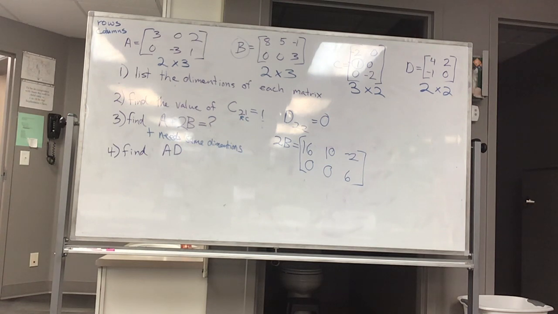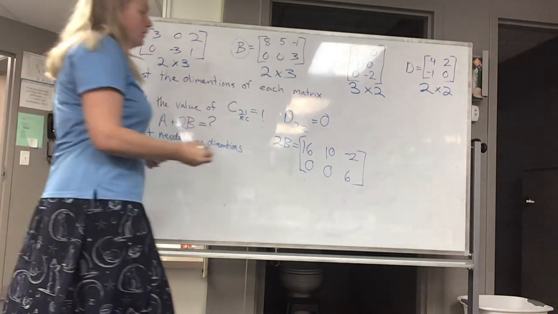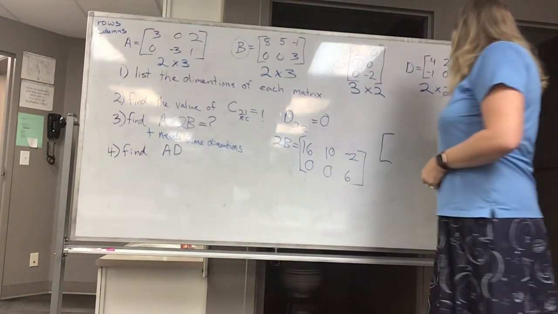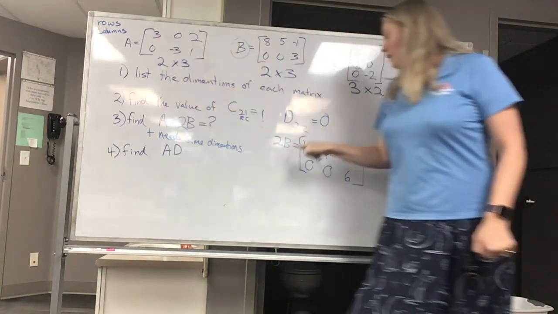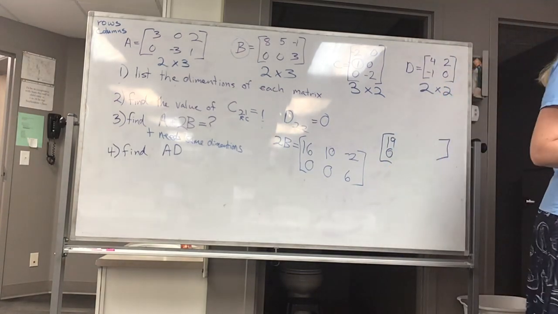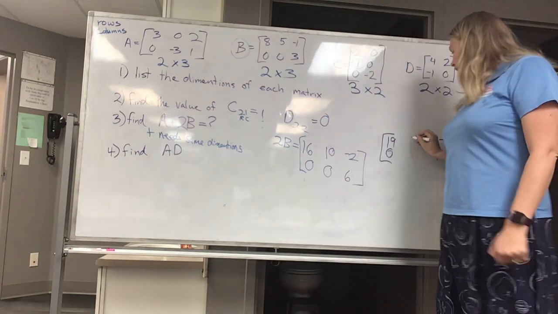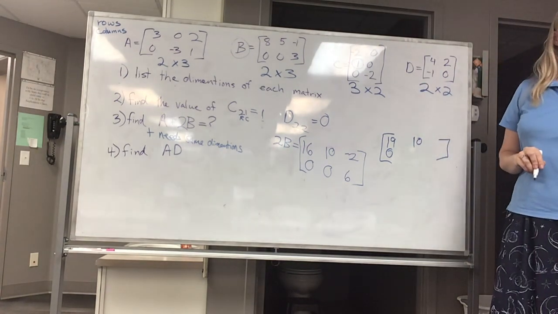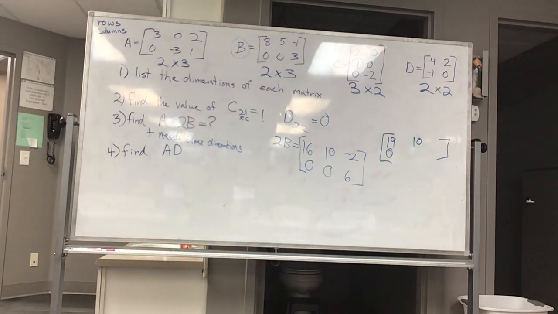Since they are the same dimension, they're going to have stuff in the same location. And so we can take 0 plus 0. Our answer will have a 0 down here. We can take 3 plus 16. That 1 element is going to be 19. We can take 0 plus 10. We have 10. So go ahead and fill in the rest of what those values would be.